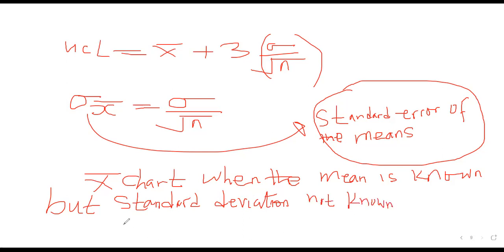I simply say our X bar 2, in this case, is the center line, not X bar 1. So center line. Then our lower control limit is going to be X bar 2 minus A2 R bar.